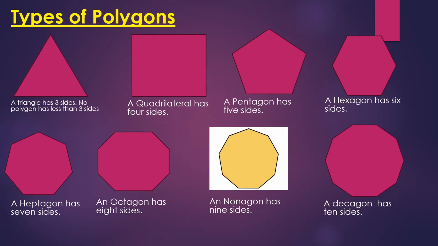And Alasia Thomas, what's the name of the polygon that has 6 sides? A hexagon. Hexagon, very good. And Javen, what's the name of the polygon that has 10 sides?